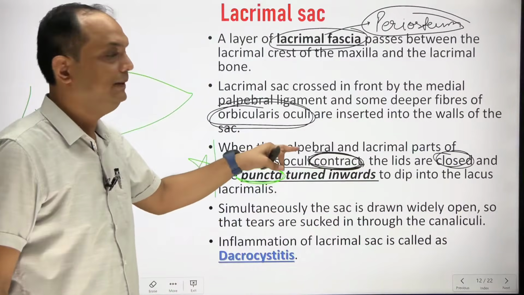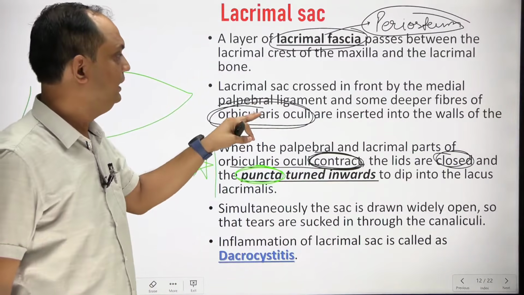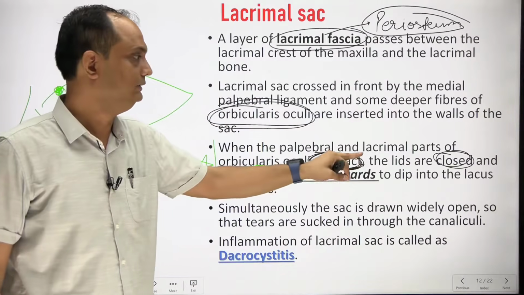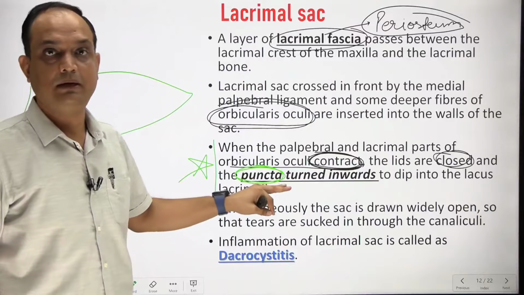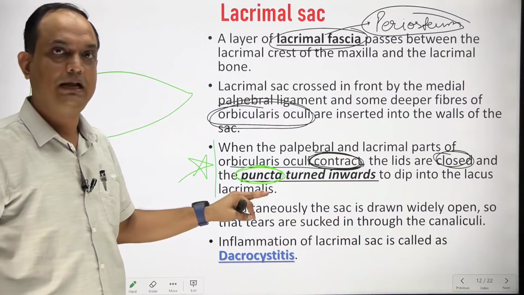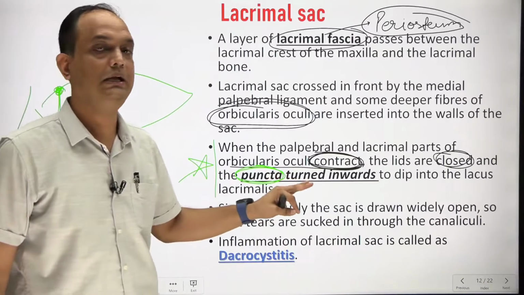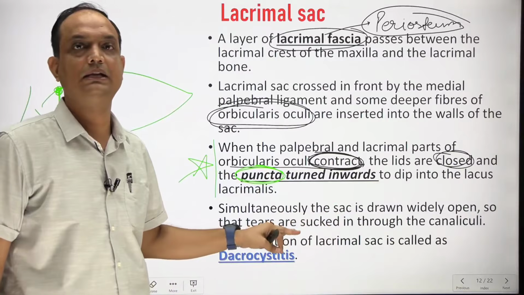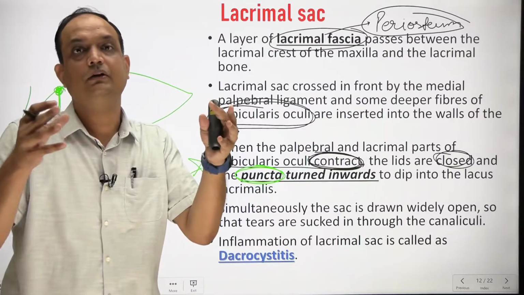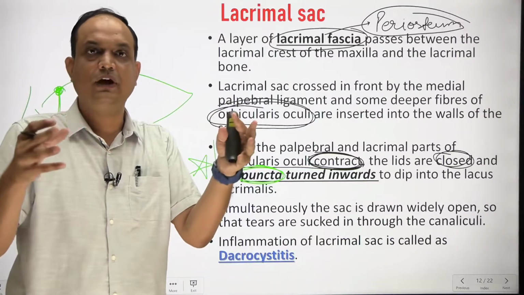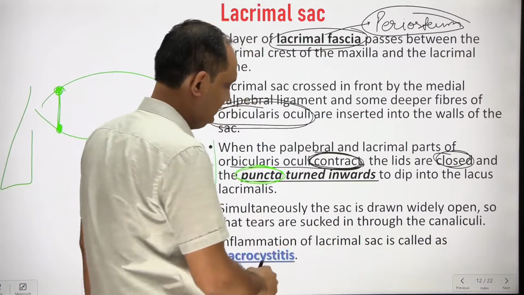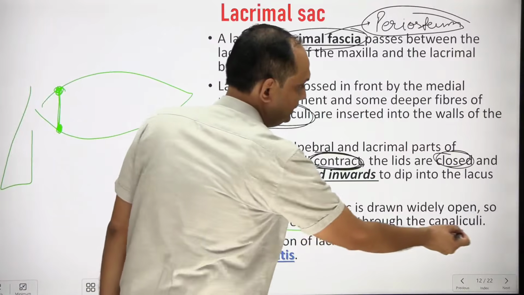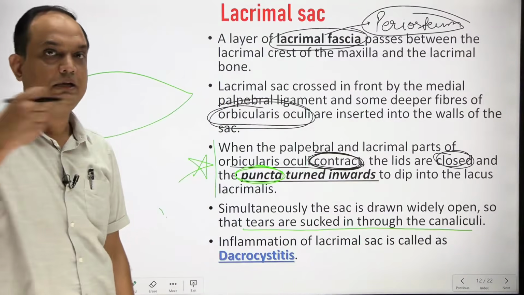So what we have just read is that Orbicularis Oculi is not only closing the lid, not only inward turning of the puncta towards the lake of the lacrimal fluid, but the third thing happening here is that it causes widening of the lacrimal sac, and because of the widening of the lacrimal sac there is a vacuum created inside, and that will suck your fluid through the canaliculi.